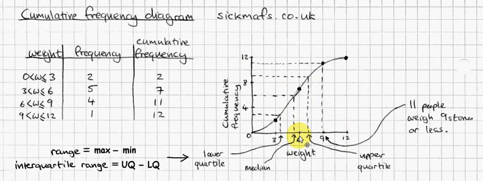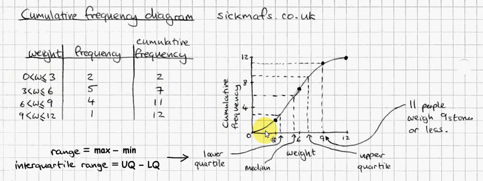Say 7 people, going down from here, weigh 6 stones or less, because these are the first 7 people. So from here to there, 6 stones or less, 7 people weigh 6 stones or less.